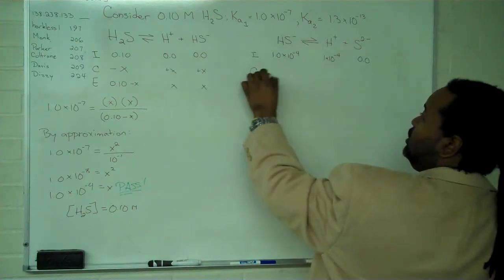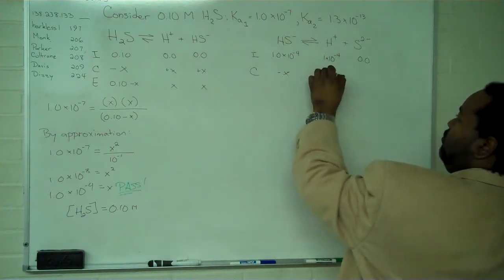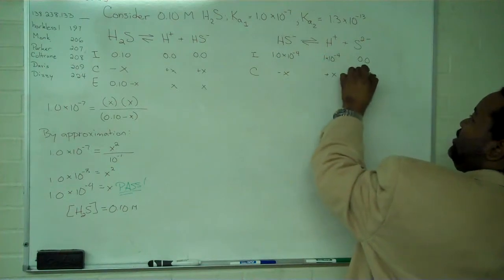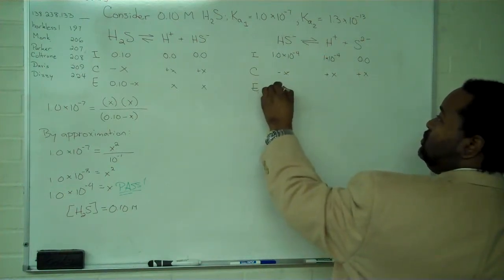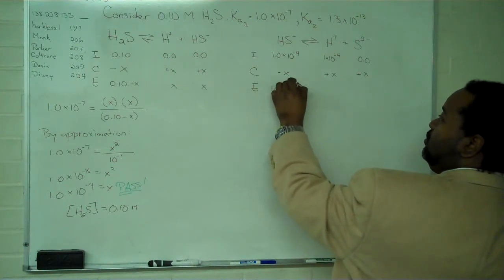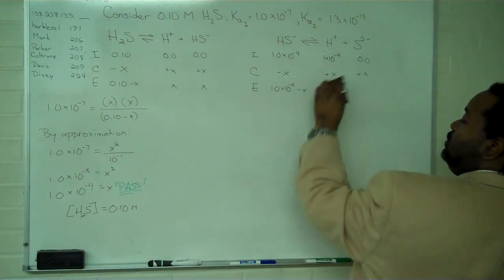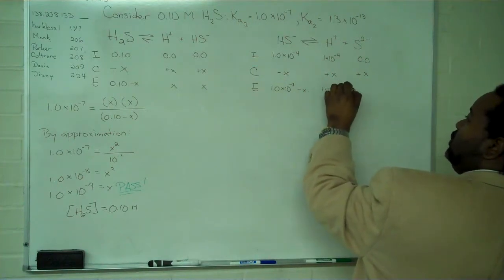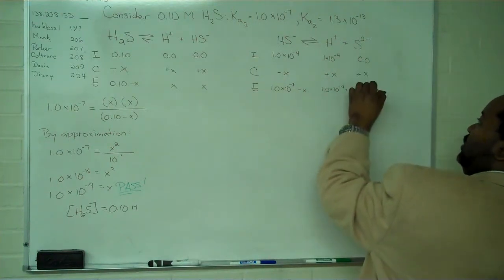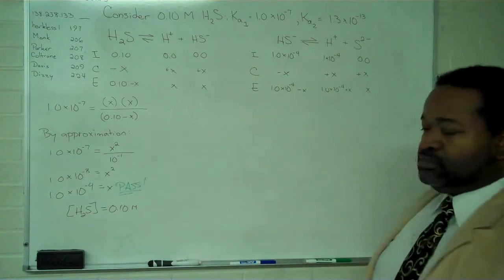That's our initial. Our change, same as before, minus x, and plus x. And then our equilibrium amount is 1 times 10 to the minus 4 minus x. Here we have 1 times 10 to the minus 4 plus x, and here we just have x.